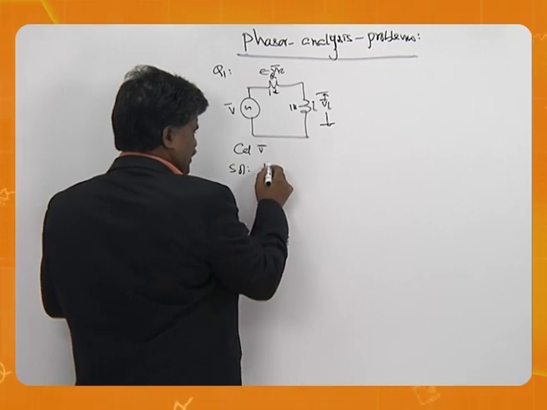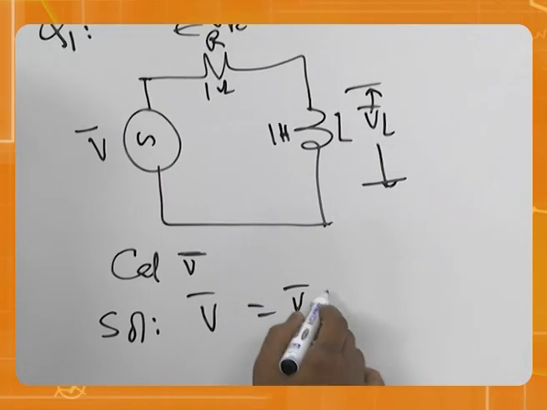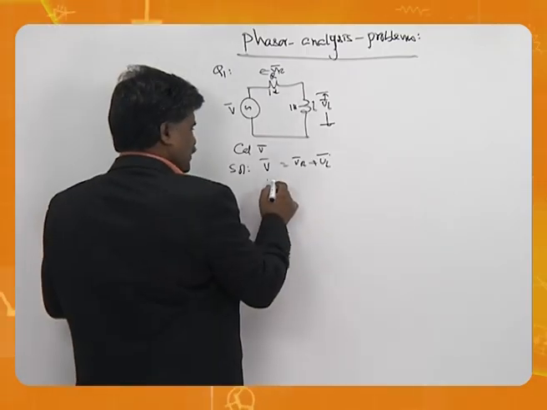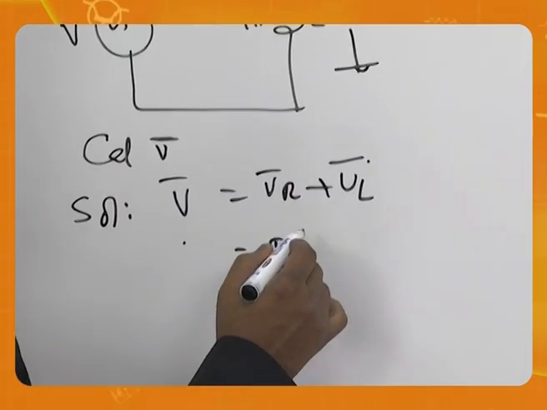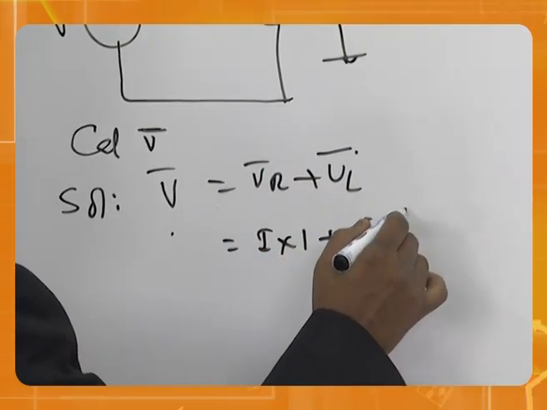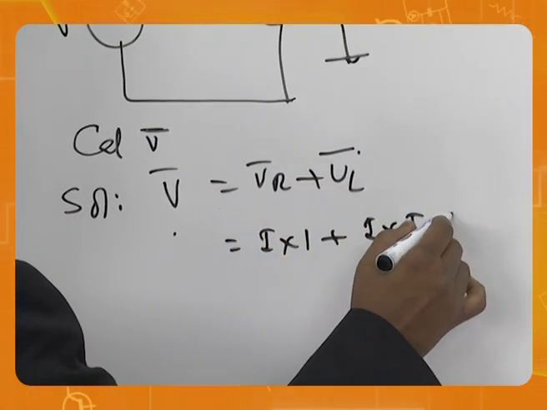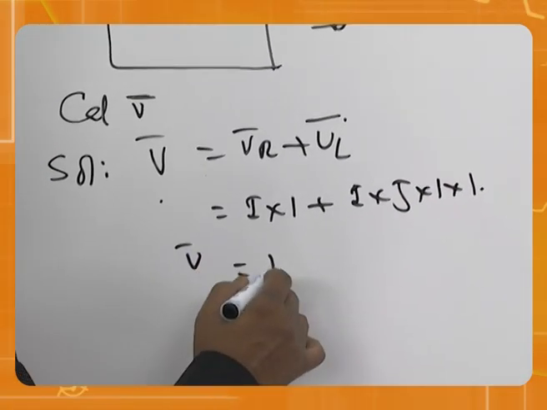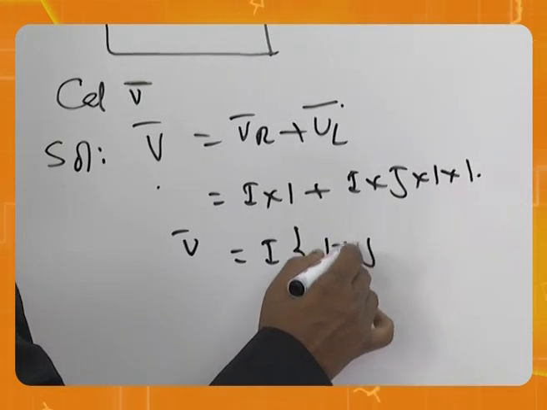Now I am going to say V is equal to VR plus VL. That is nothing but I into R plus I into j omega L, j into 1 into 1. So V is equal to I into 1 plus j1.